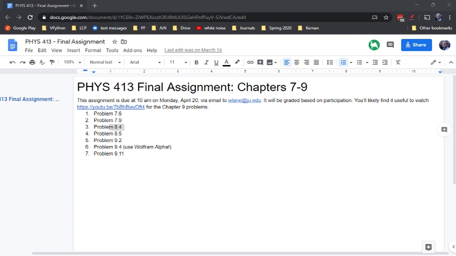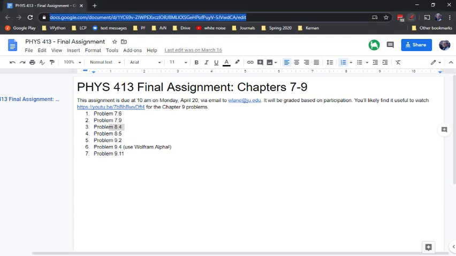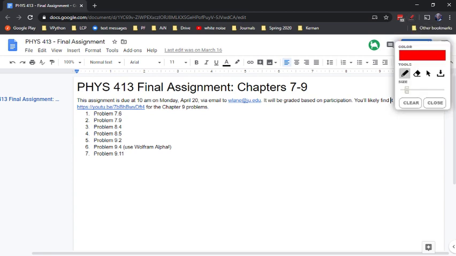8.4 says, show that the wave functions representing 1, 0, 0 and 2, 1, 0 states are orthogonal, right? So this is using all that stuff that we just went over. What this is saying, let's see if I can get my drawing tool here. There we go. Okay. What this is saying is take psi for 1, 0, 0 and psi for 2, 1, 0, right?